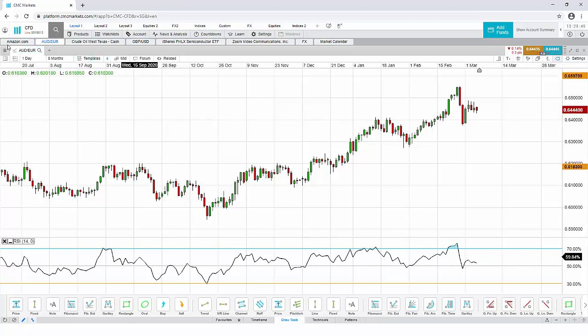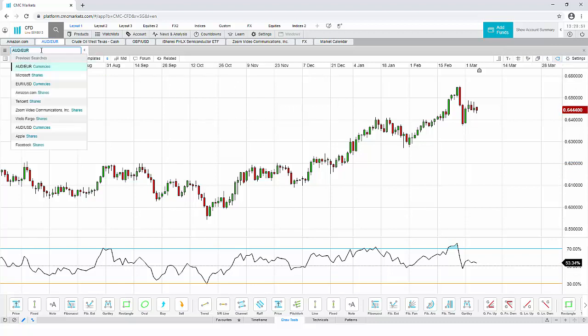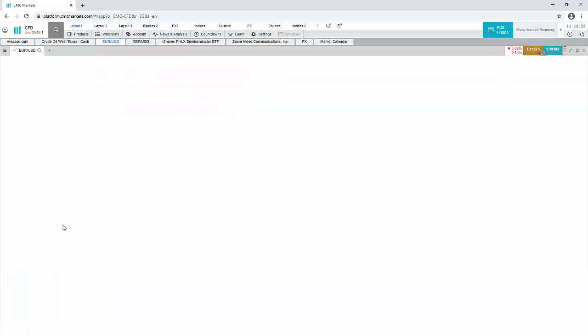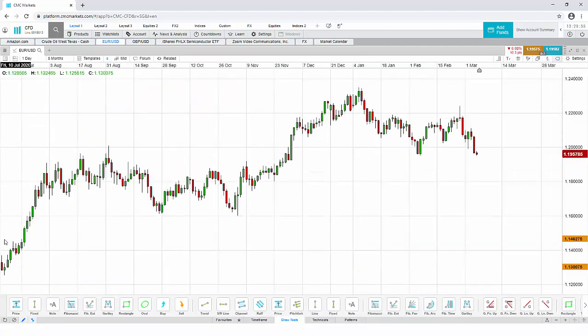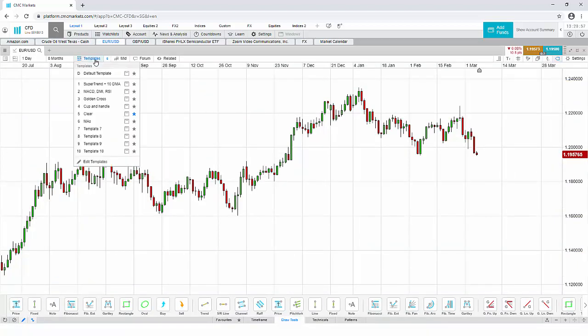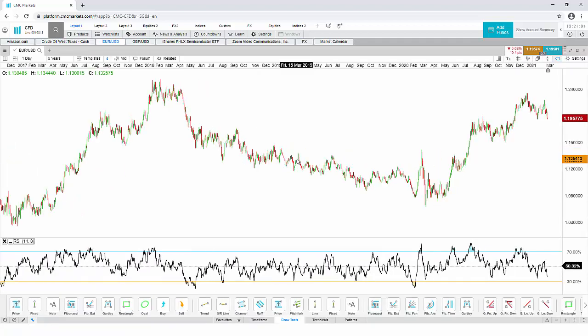Okay, let me open the chart of euro dollar for you. Yeah, here's euro dollar. Okay, so for euro dollar, let me clear the template to make it clear for you.